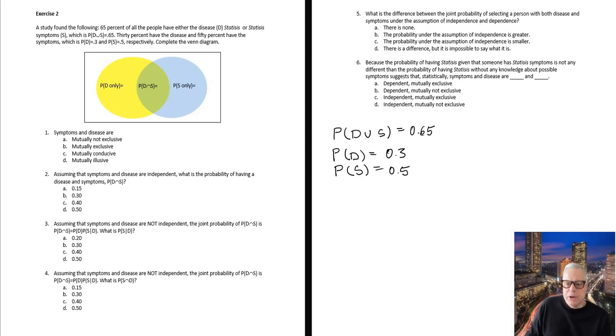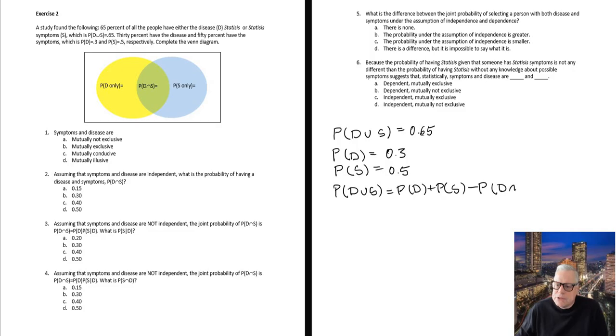Okay, so now we know that obviously the events are not mutually exclusive. So now we can write that the probability of disease or symptoms is equal to the probability of the disease plus the probability of the symptoms minus the probability of disease and symptoms.